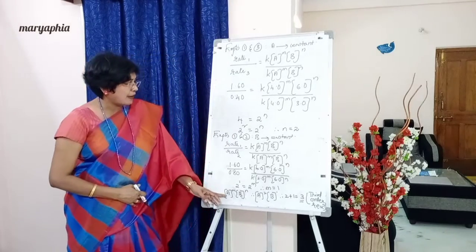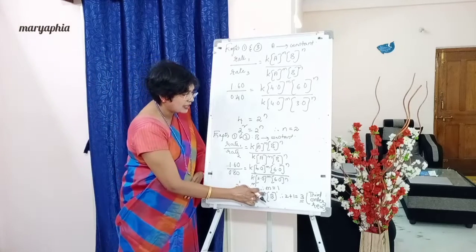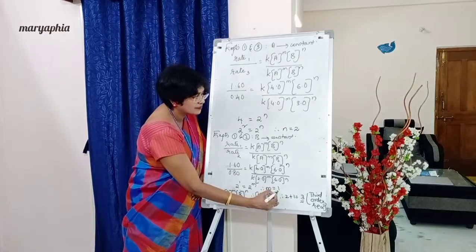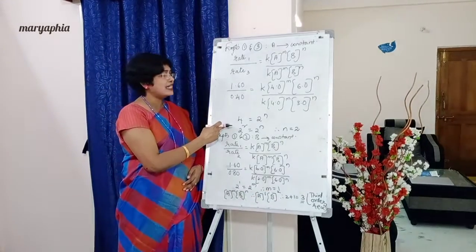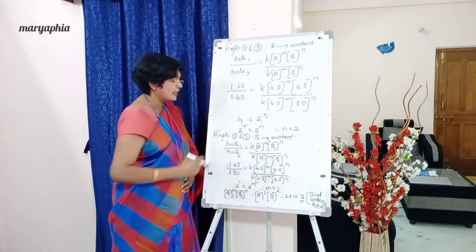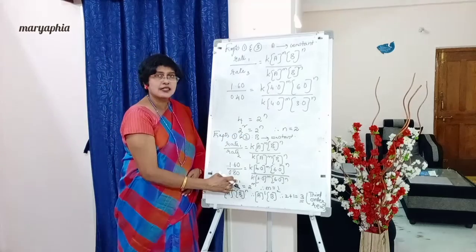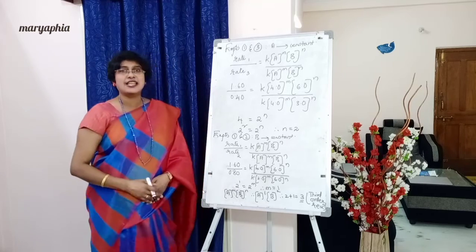So A to the power m into B to the power n: here the m value you have to write as 1, and B to the power 2. Here when A is constant, we got the n value as 2. Next, when B is constant, we got the m value as 1. That means A is changing there, B is changing here.